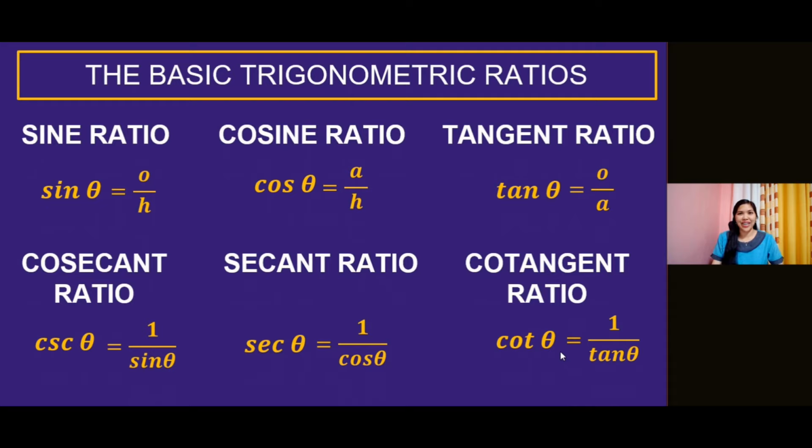problem solving. Now, there are instances that you will be given an illustration where you are only given a side or an angle, and then you will be asked to determine the appropriate trigonometric ratio for you to solve the missing side or angle.